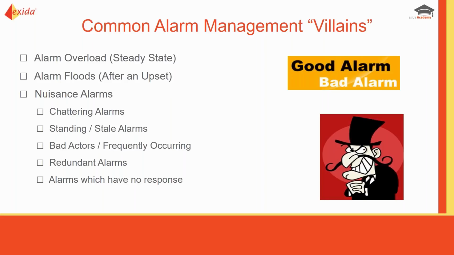There's different types of nuisance alarms, such as chattering alarms and stale alarms, and we'll look at those in a little bit later in some detail. And then another major problem is when the alarm priority is not meaningful in helping the operator to distinguish the relative importance of a given alarm.